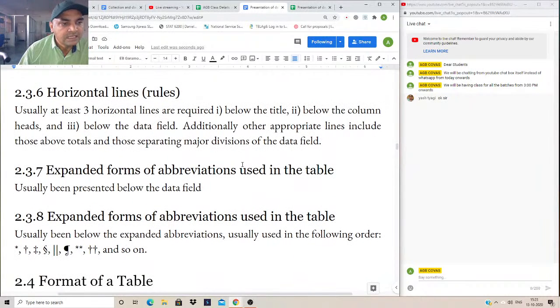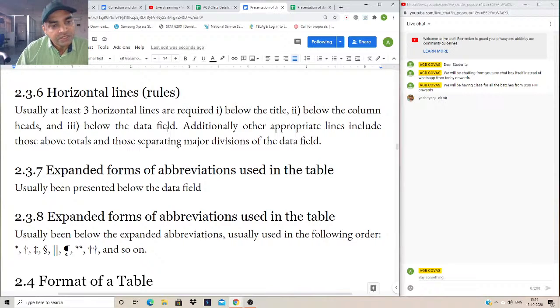Now coming to the sixth component, horizontal lines. You will see one very interesting thing here: when we describe a table in a scientific or scholarly article, we do not use vertical lines. Vertical lines are not allowed in a genuine, or you can say standardized, scientific table.